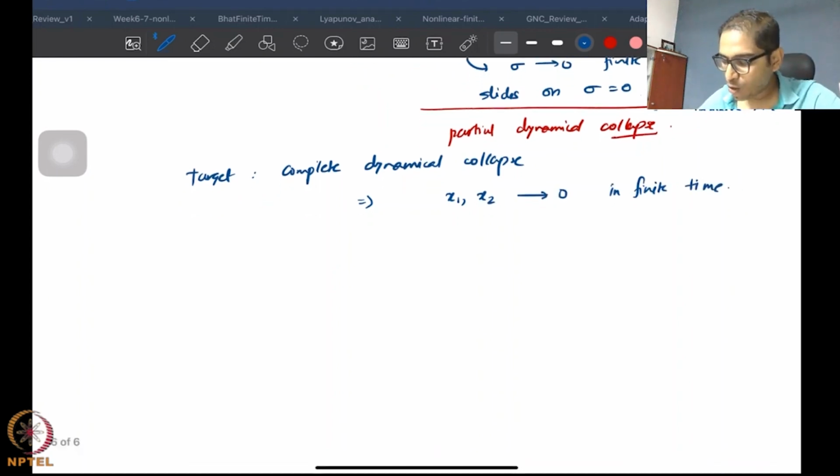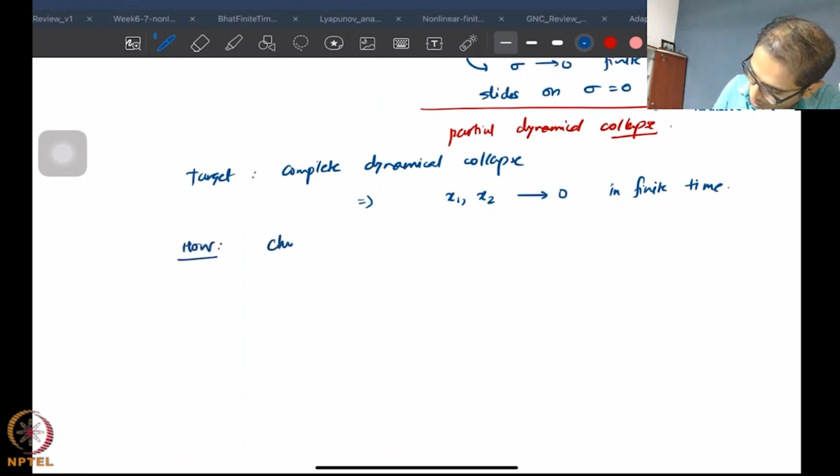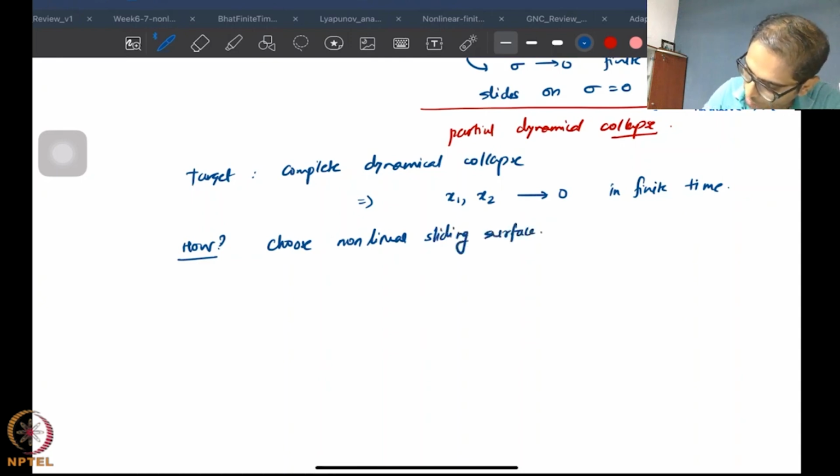Okay, and how does one do that? One does that by choosing a non-linear sliding surface, right? What is this non-linear sliding surface? It's pretty straightforward. I choose my sigma exactly motivated by the super twisting expression.